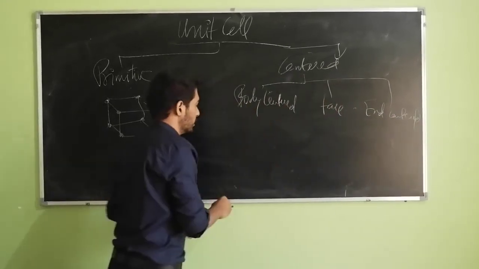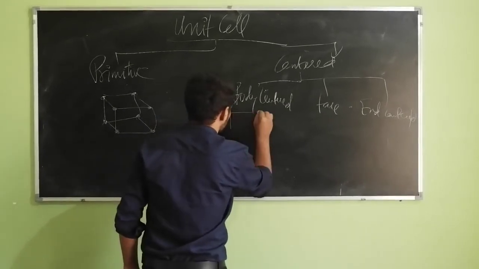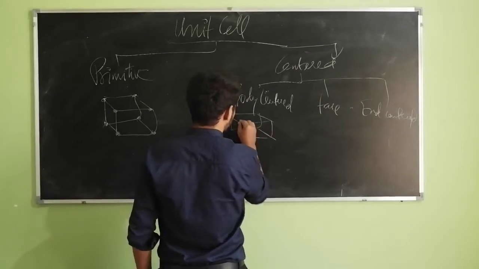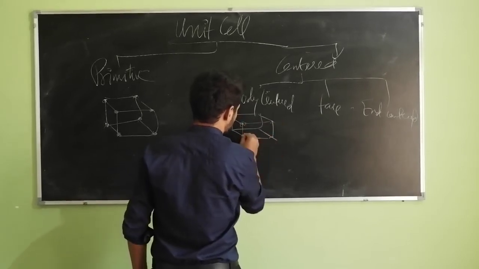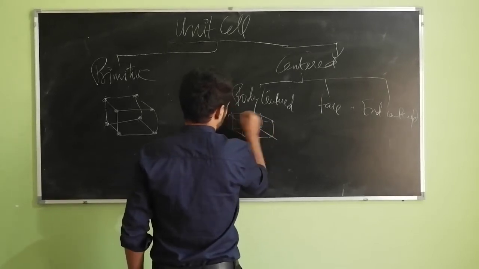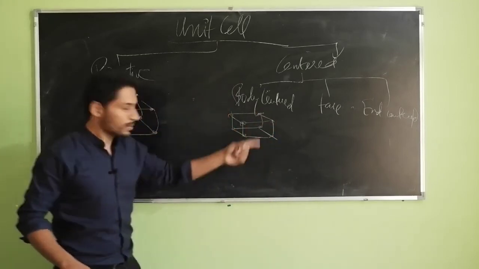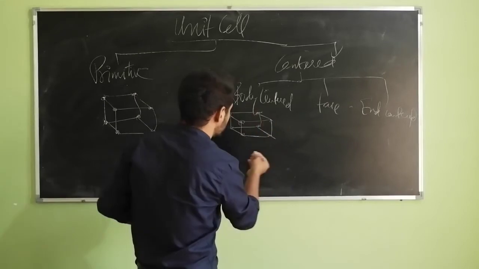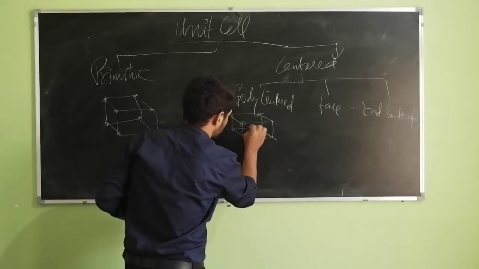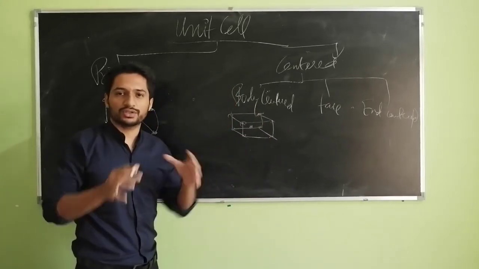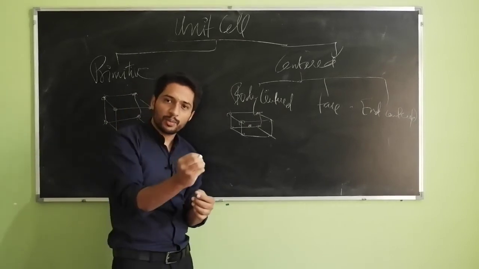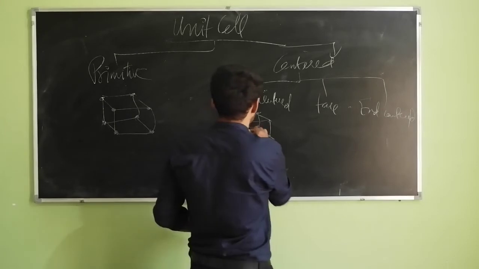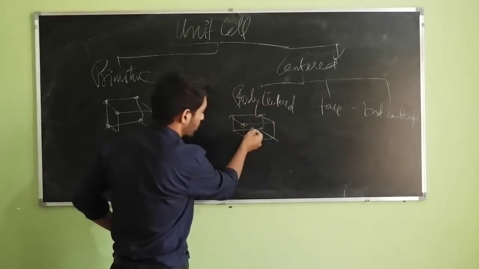So what is body centered? In case of body centered, in addition to the corners, because it's a unit cell, you will have the atoms or molecules or ions at the corners as well. In addition to that, we will have one at the body center as well. That's why body centered. At the center of the whole body, you will have one more constituent particle.